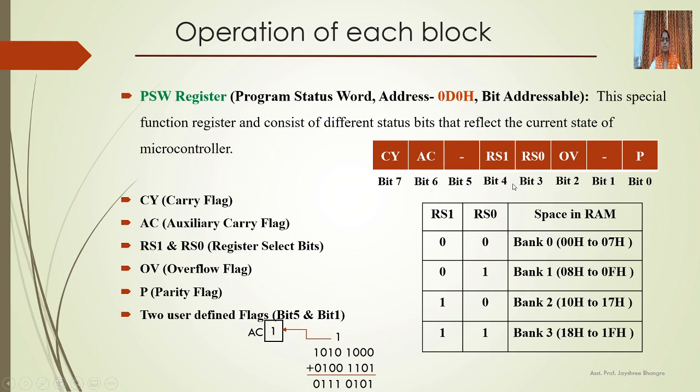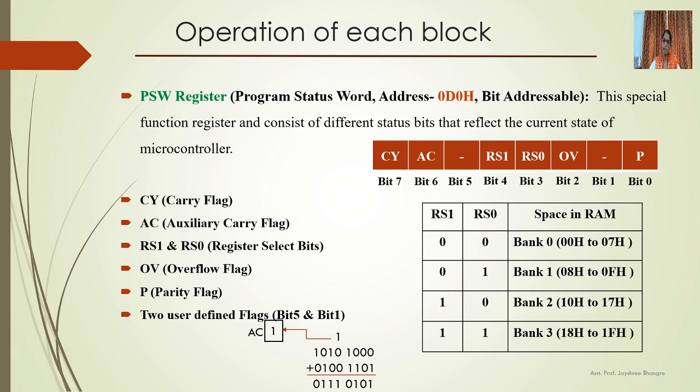Then bit 4 and bit 3, RS1 and RS0. These are two register select bits. Actually, 8051 has an internal RAM that is divided into different sections, out of which the memory 00H to 1FH is divided into different register banks: bank 0, bank 1, bank 2 and bank 3.